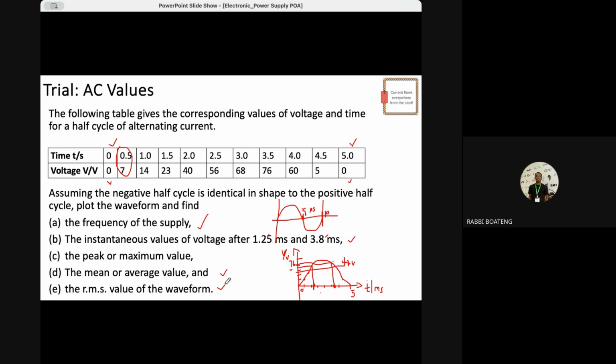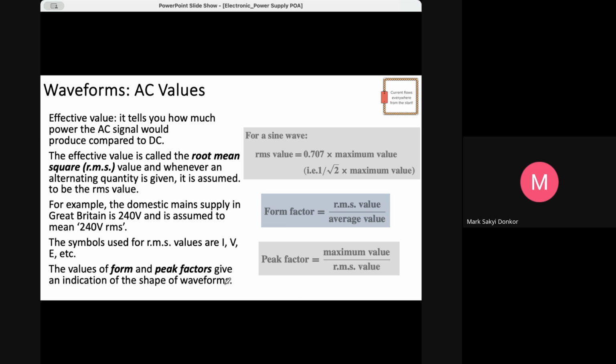Should I show you the formula for that one too? Yes, sir. So, sir, it's 53.74.